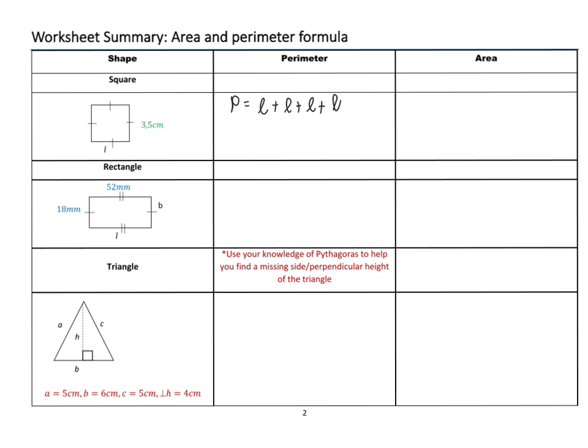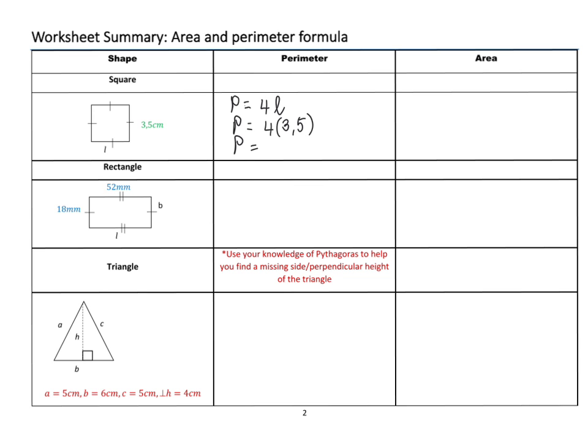So we rather write there's 4 of these lengths all together. So 4 times that length gives you the same measurement as adding all those lengths together. So 4 times that certain length, and that is 4 times 3.5 centimeters.